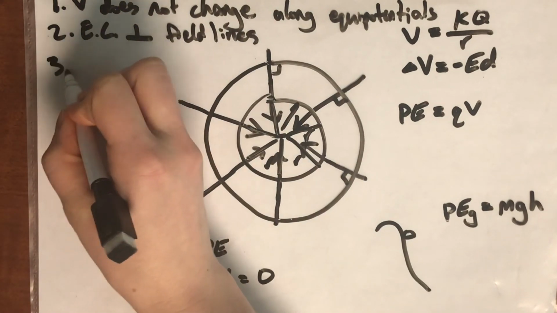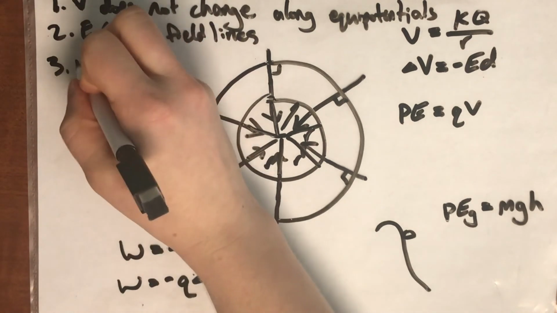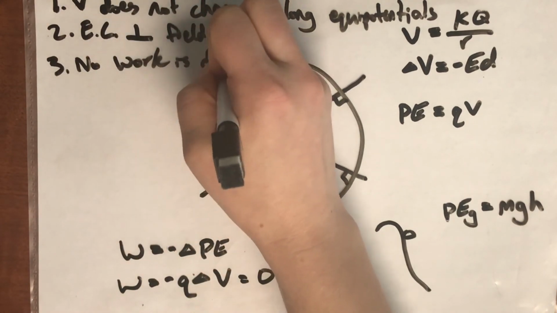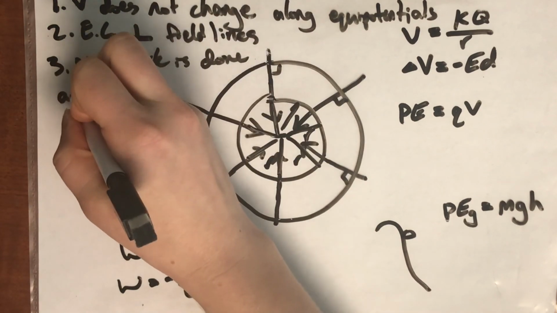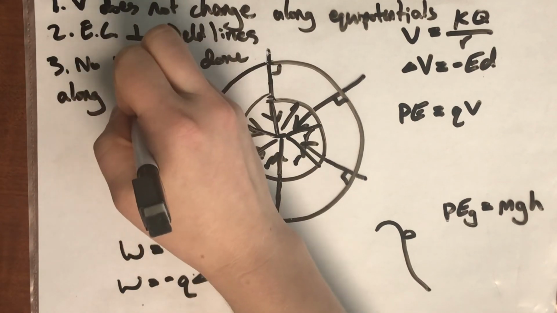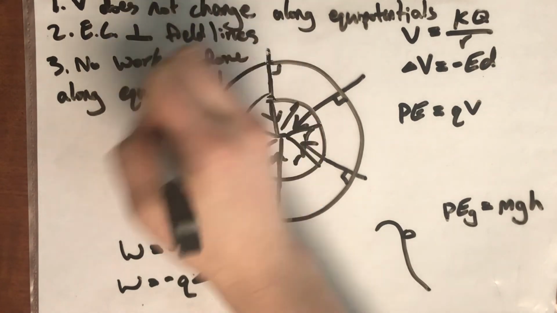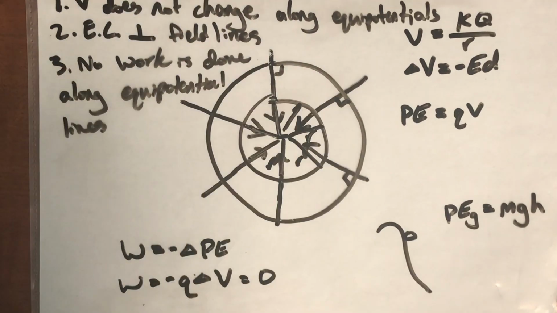And the third point is that no work is done along equipotential lines. As long as you remember those 3 points, you'll be able to master equipotential lines and understand what they mean.